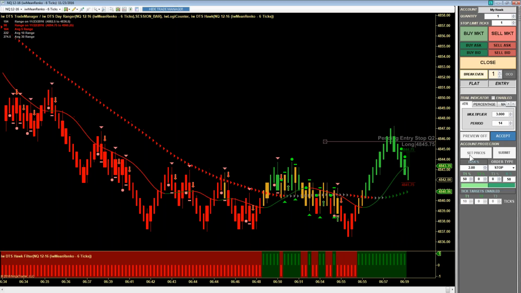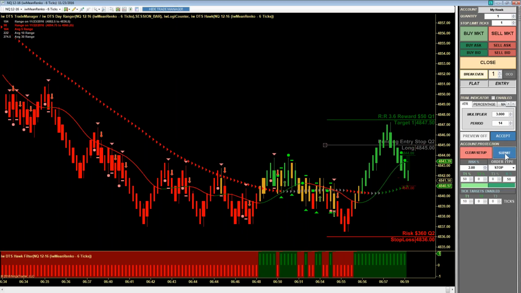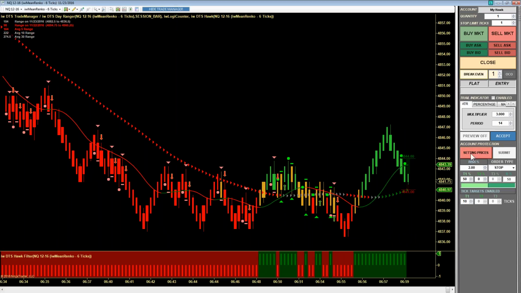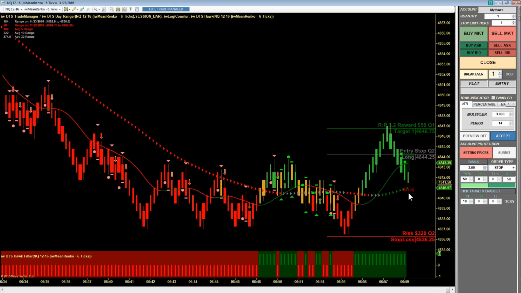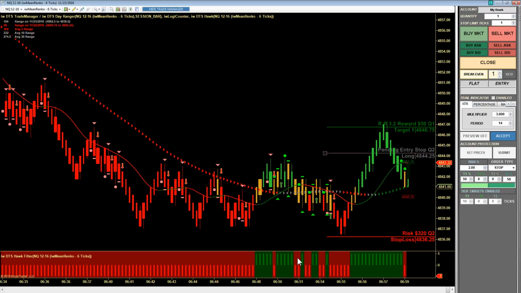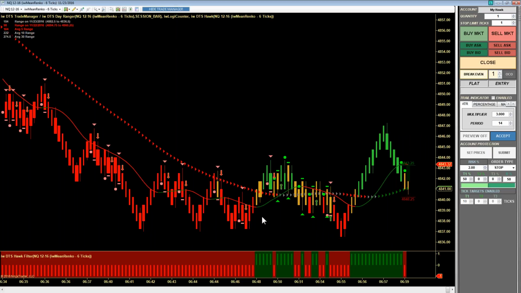Okay, moving a little lower, so we'll adjust our parameters. Moving lower. Set another order. And now we're back into yellow bars. So the yellow bars are spoiling the signal.